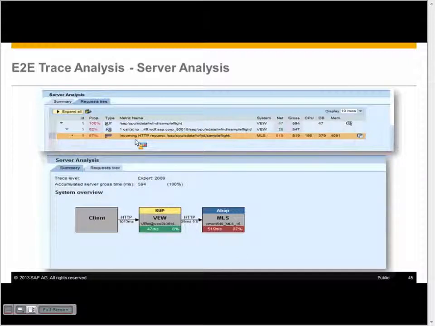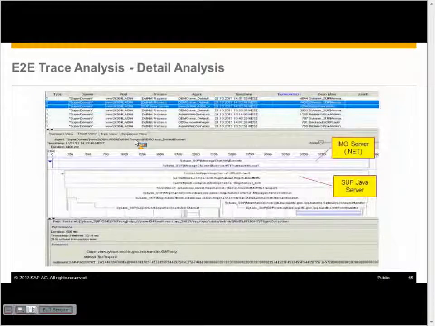This is not the only thing available here. We can even go down to see which query is taking the time. And if it is an ABAP machine, we can drill down exactly to the line of code where you see the most time taken. So this is the time on the SAP side, showing the time taken by each of the components in SAP.